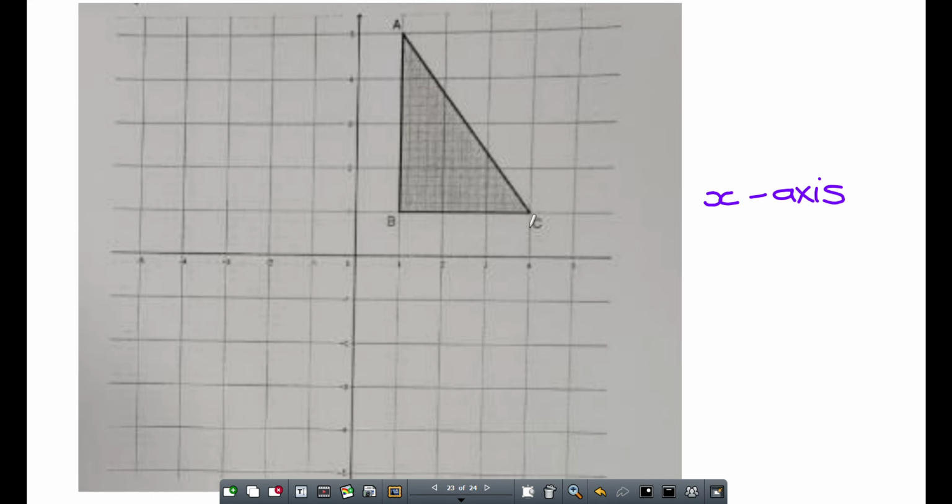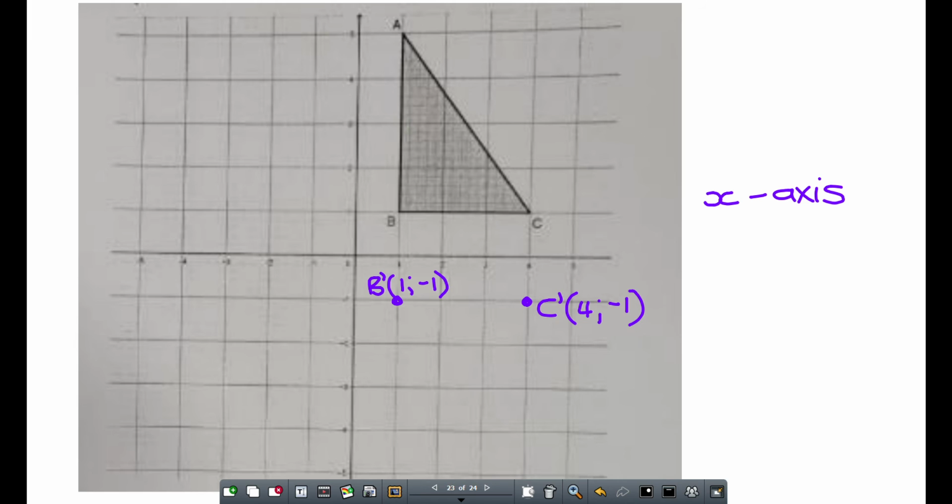So C will be over here. And over there, my x value will stay 4, but the y value will now be minus 1. B will now be over here. X value will still be 1, but the y value will be minus 1.